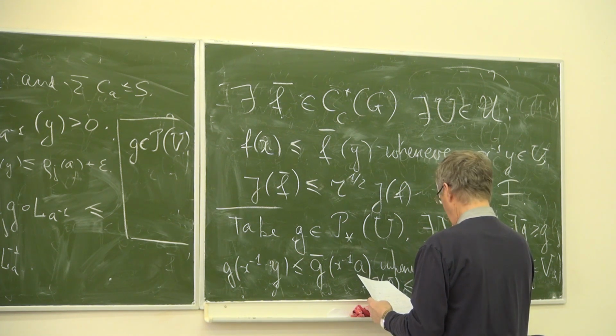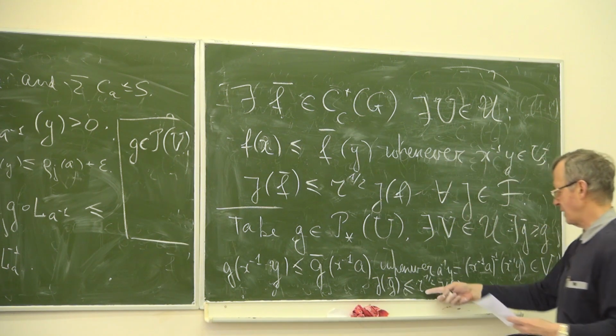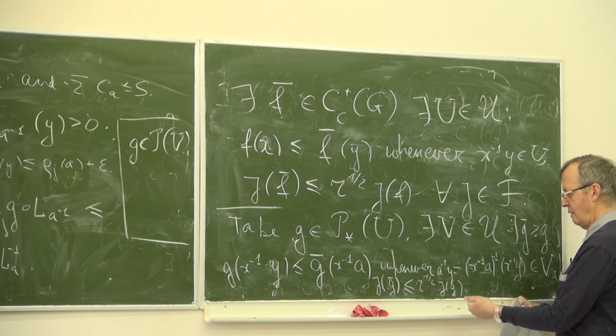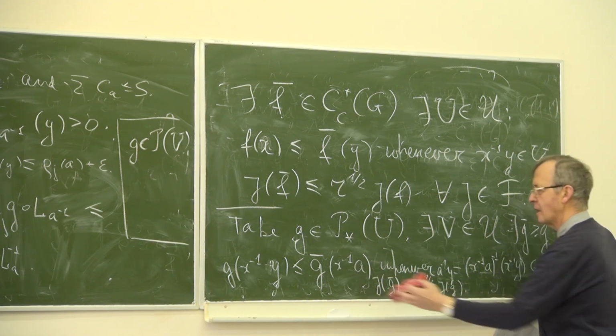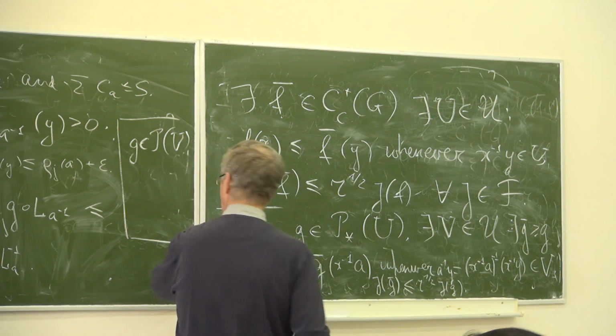Probably again r to the power 1/2 g of g. So this majorant is not much greater than g, but it satisfies this inequality. Okay. So we have used this majorization lemma twice.